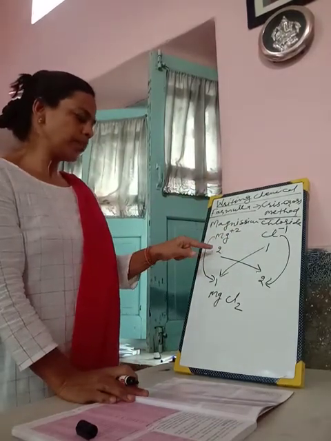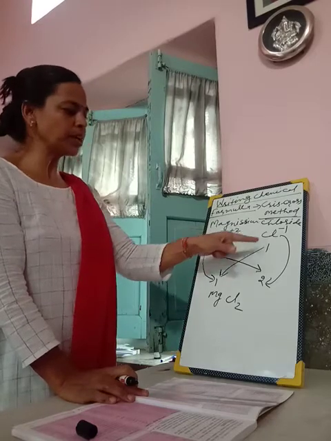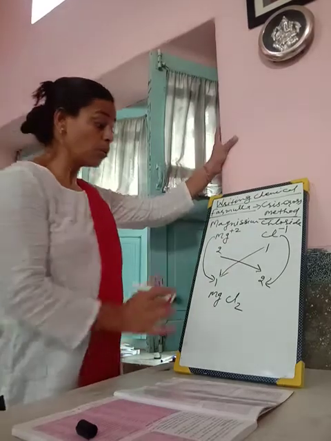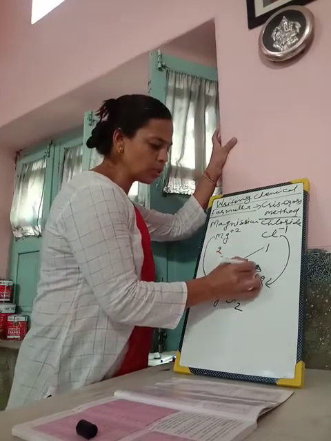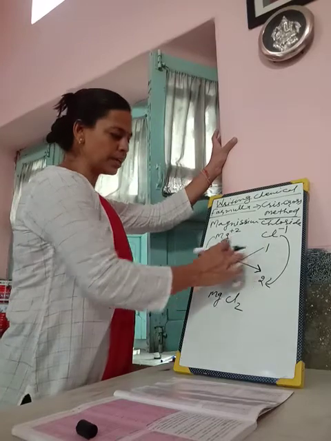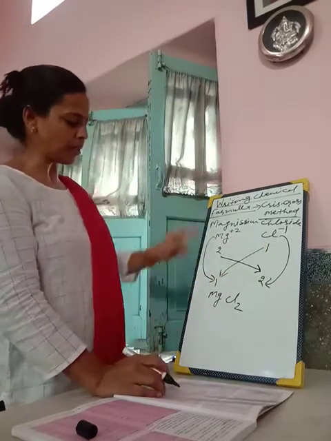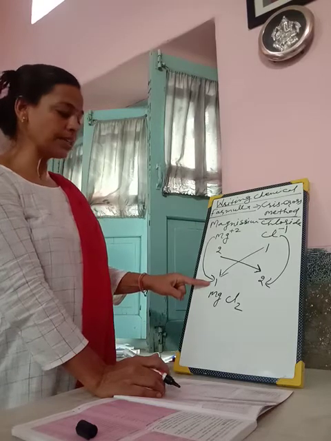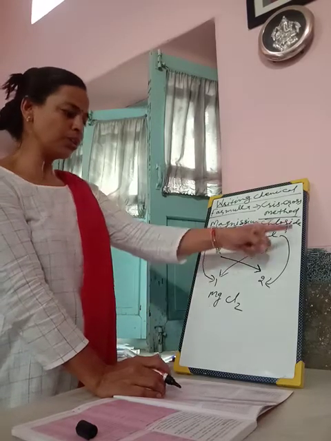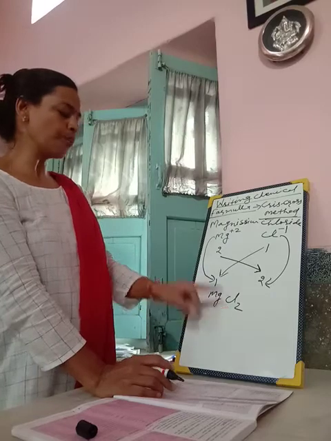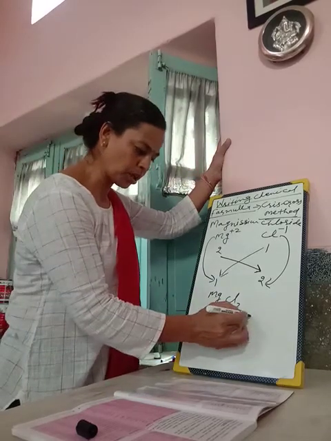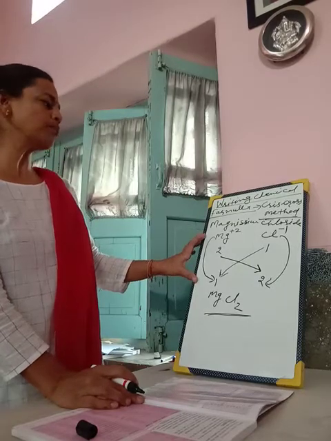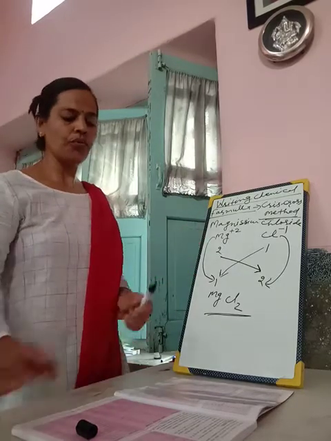Write 2 at the bottom of magnesium and 1 at the bottom of chlorine. Now cross them. Take 2 at the side of chlorine and 1 at the side of magnesium. Magnesium is represented as 1 and chlorine as 2, and we can write the formula for magnesium chloride. This is the whole step to write a chemical formula.